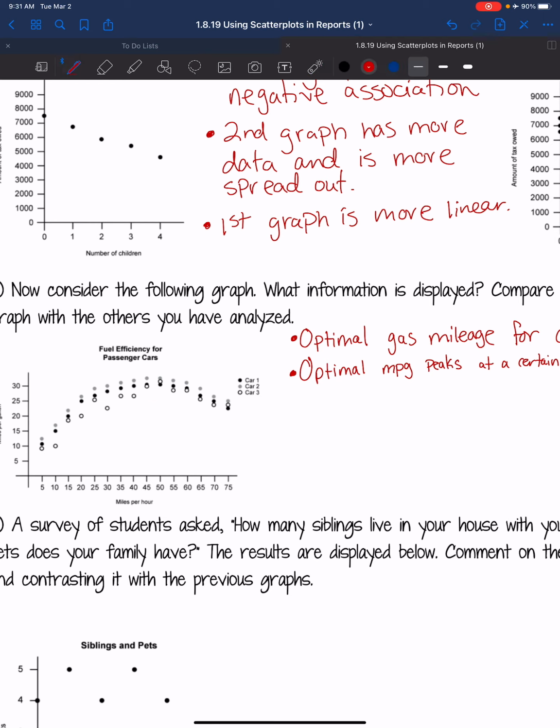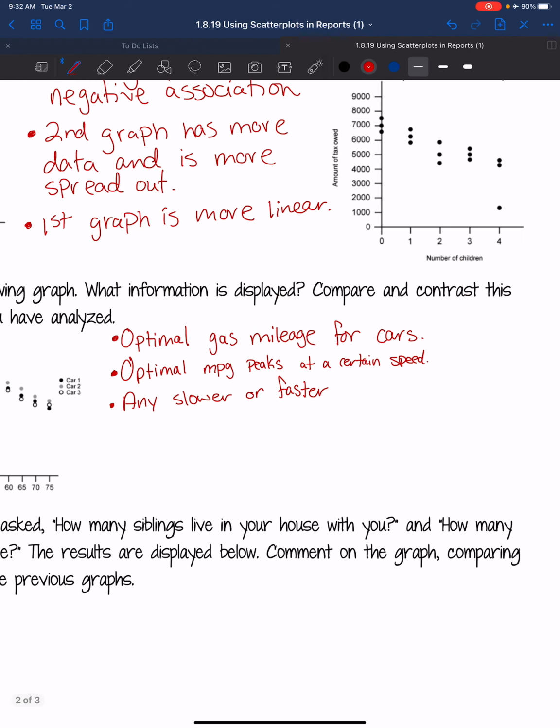So here is our optimal speed right about here. And then any slower than that, you're going to be doing less MPG. Any faster, you're going to be doing less MPG. So I'm going to say any slower or faster will decrease your MPG.